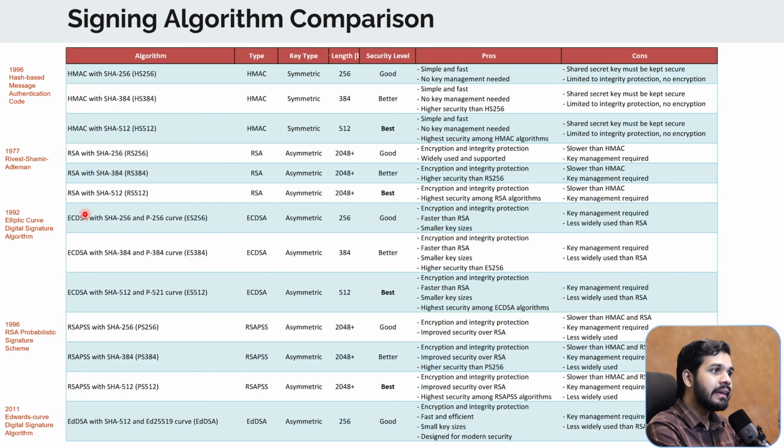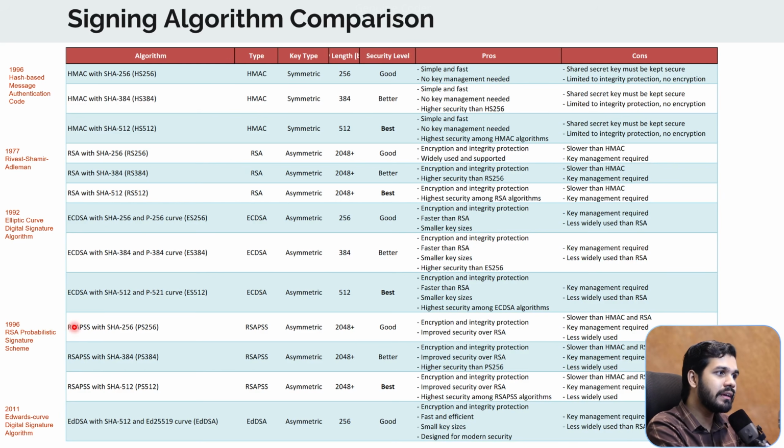And you might be thinking, what about RSA PSS? The RSA probabilistic signature scheme is not widely supported. There is no specific standard available when compared to RSA and elliptic curve, so it is not that widely used. You can see that it is slower than HMAC and RSA and less widely used.